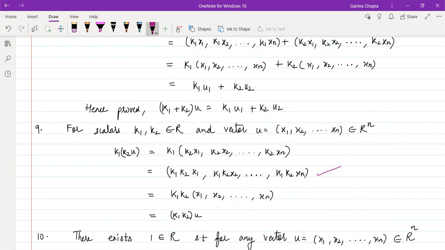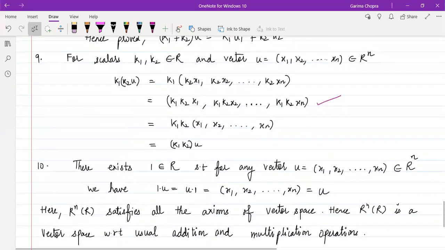And now what we have done, since k1 and k2 are scalars, they are real numbers, this k1 k2 is also a real number. And in the next step, since k1 k2 is present in all the components, we have taken it outside. And this is nothing but the scalar multiplication of the scalar k1 k2 with the vector u. And in the last axiom, we have evaluated the unit scalar, and that unit scalar is the real number 1.